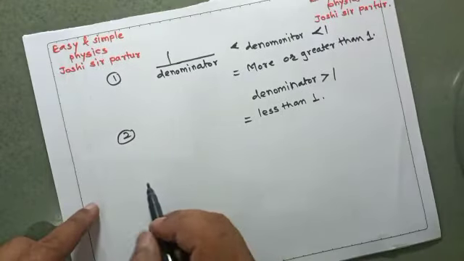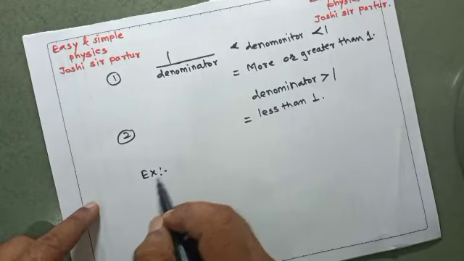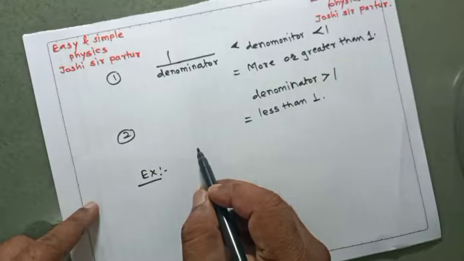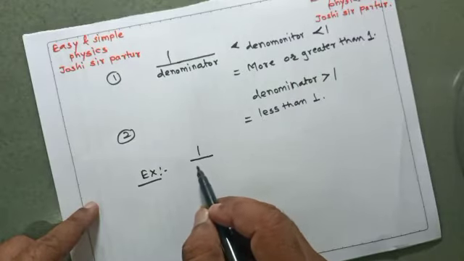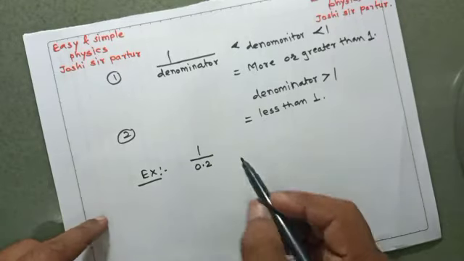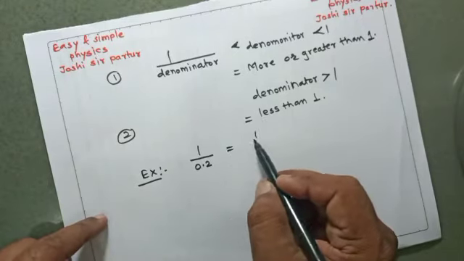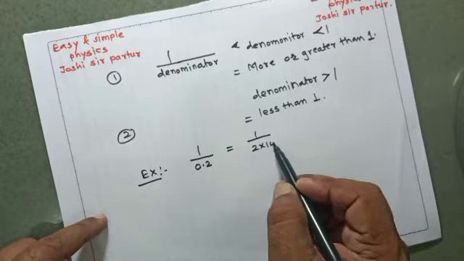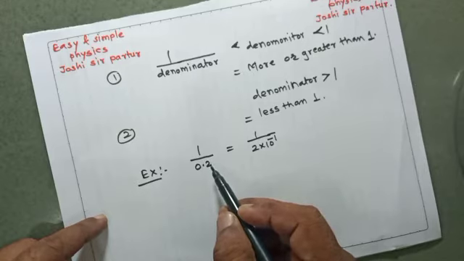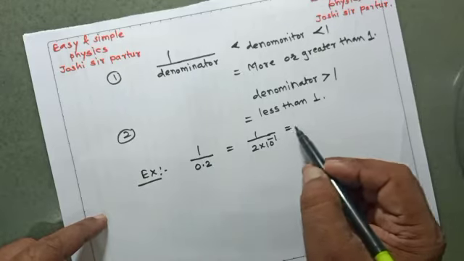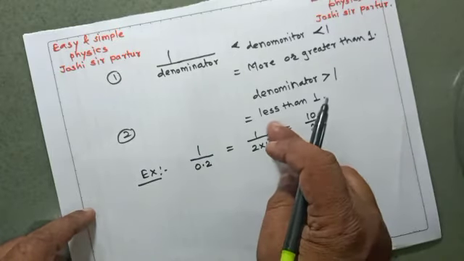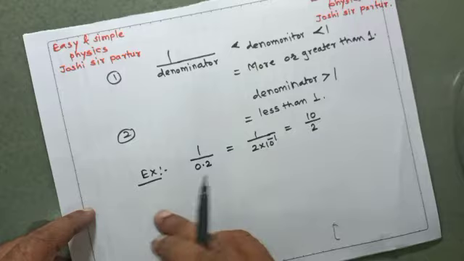Suppose we take an example. If the denominator is less than 1, suppose 1 upon 0.2. What happens? By shifting the decimal, it is 1 upon 2 into 10 raised to minus 1, because the decimal point is shifted towards the negative direction of the x-axis. So it is 10 upon 2, because 10 raised to minus 1 is shifted to the numerator.